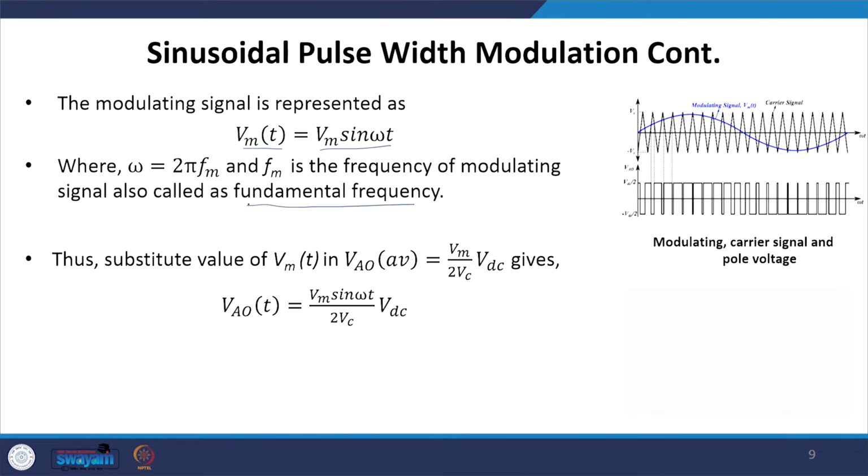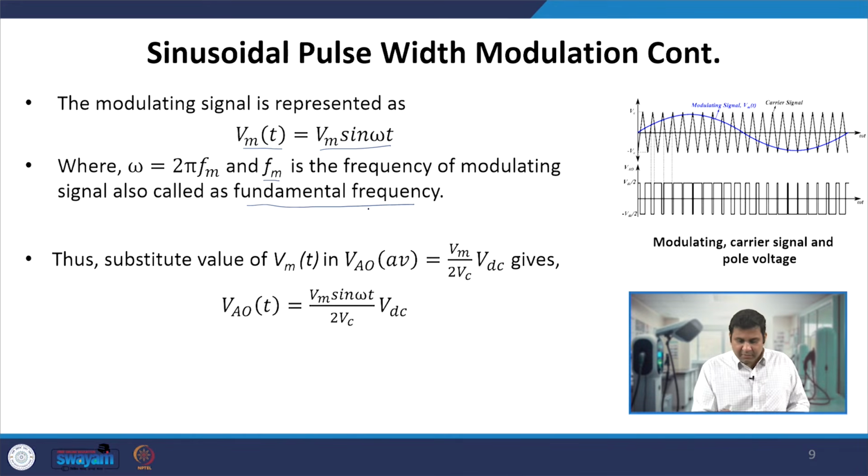If we substitute this Vm in VAO average, which is Vm by 2 Vc times VDC, we get VAO, averaged over the carrier cycle, which is nothing but Vm sin omega t by 2 Vc into VDC, and it varies with time.